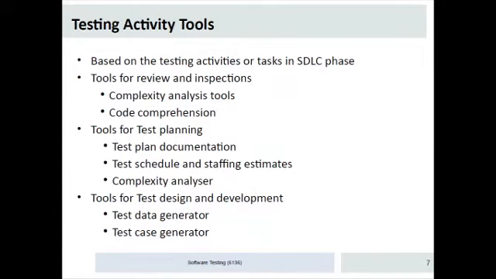Various testing activities, which include the static testing and dynamic testing activities like review, inspection, then unit testing, integration testing, system testing, are all planned using this tool, and it involves the time required for testing each activity as well as the resources required to perform this testing. So these tools help in documentation of the test plan as well as to track the testing activity.